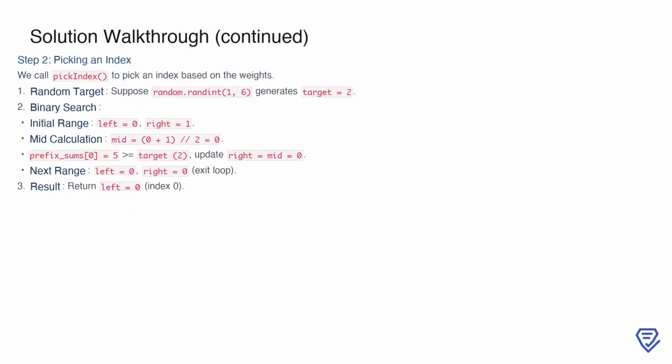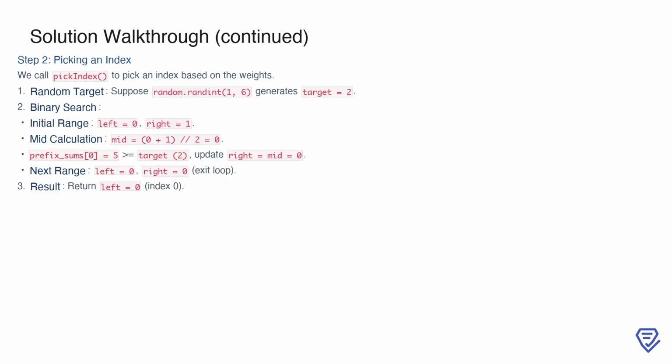For the pickIndex method, we generate a random target between 1 and the total sum, which is 6. Suppose the target is 2. To find the corresponding index, we perform a binary search on the prefix_sums array. Initially, left is 0 and right is 1. We calculate mid as (0 + 1) // 2, which gives mid equals 0.